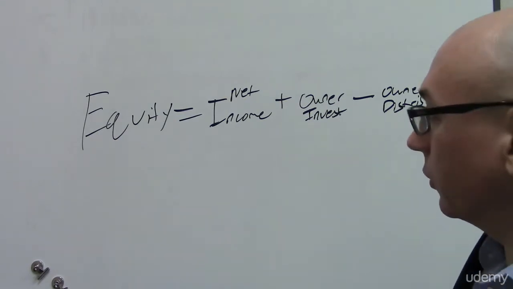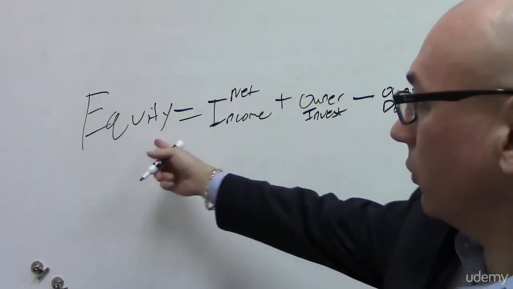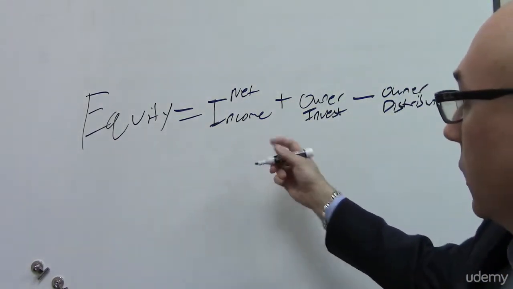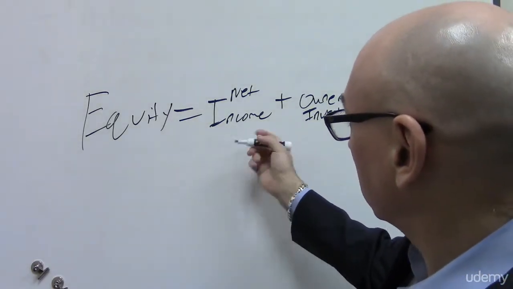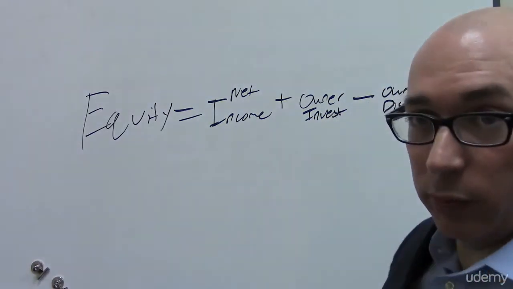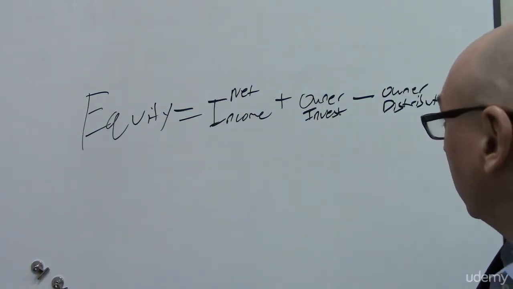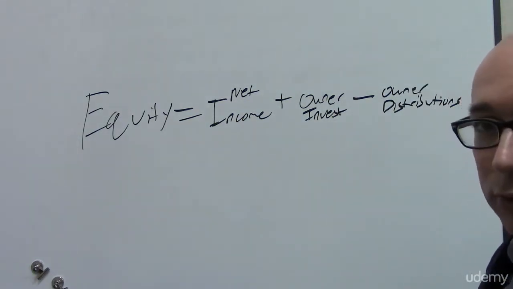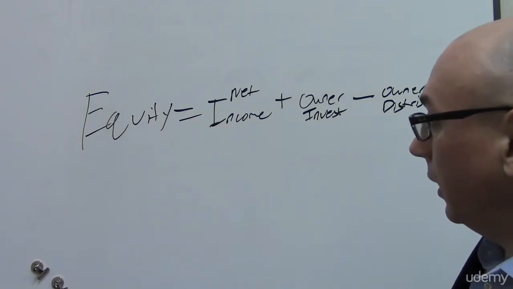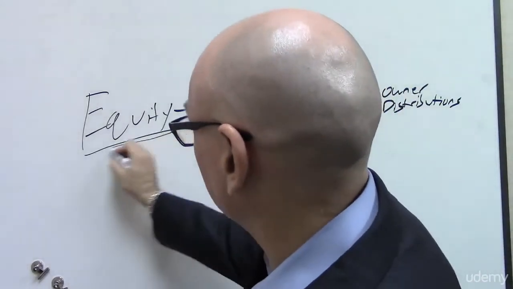So equity equals net income, which is hopefully going to be a credit, plus owner investments, which should be a credit, minus distributions to owners, which would be a debit. And that's equity.